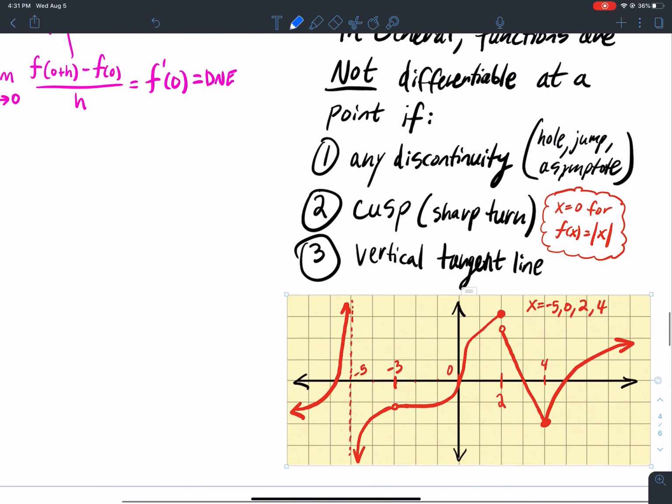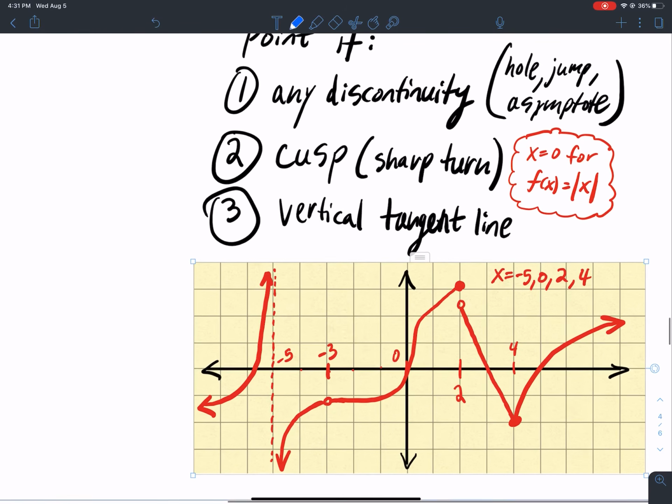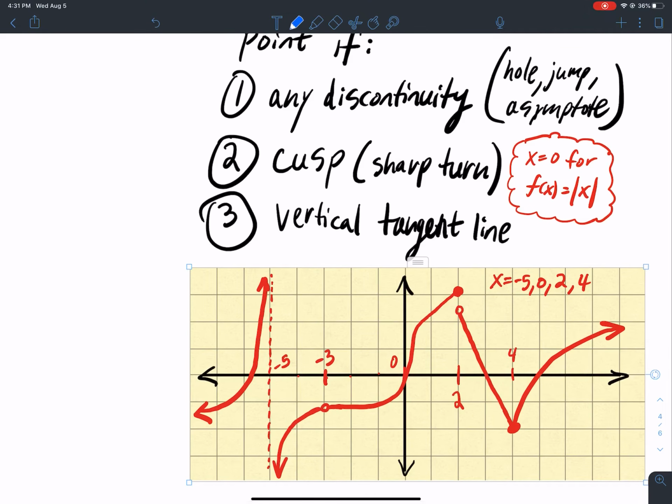So I want to explain why it's not differentiable at these three options, right? So the first one I'm looking at is this one right here. I have a vertical asymptote here. So at x equal to -5, we have a discontinuity of type 1 because there's this vertical asymptote. Now, at x equal to -3, what do we have going on here?